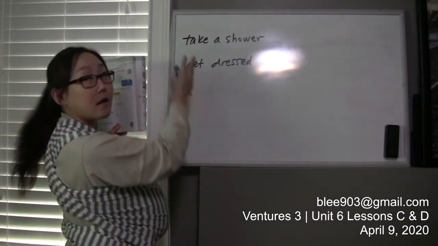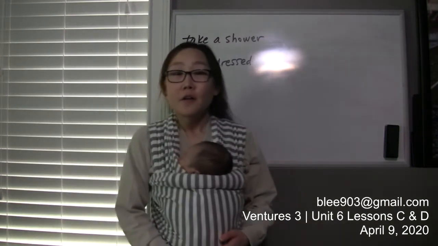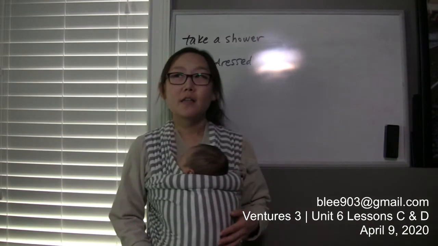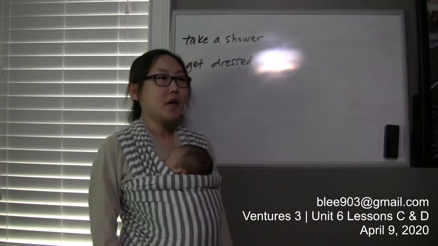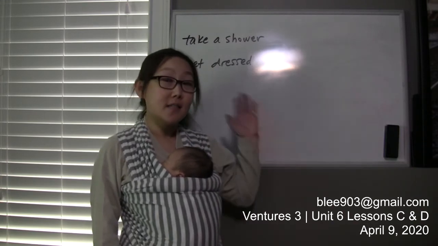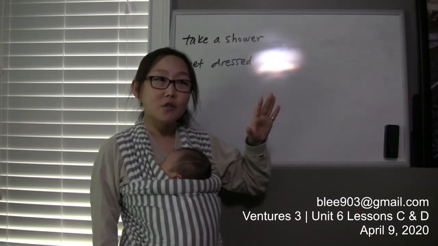So let's determine which one is the first activity. I know this can be confusing, especially if you speak a language where the sentence structure is different than English. But another way to think about this sentence is to separate it into 2 sentences.